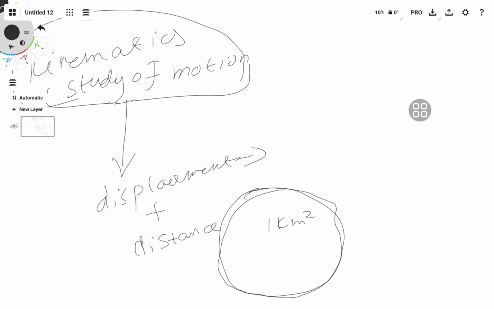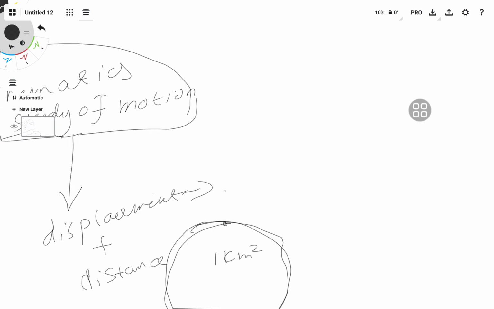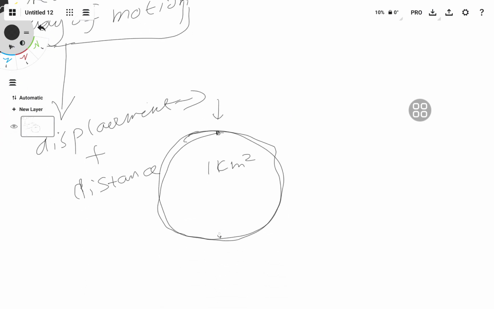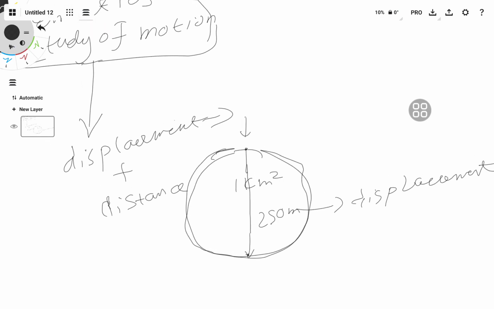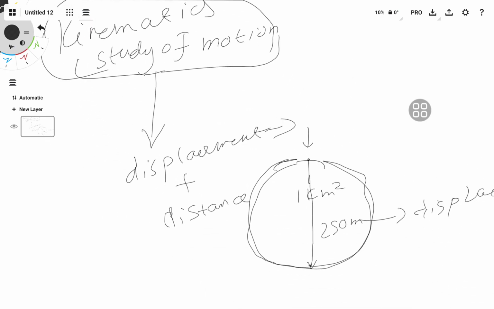But displacement will basically be if we take this point and this point, how much direct distance there is in our direction. So this direction here, it's like 250 meters. So this is displacement.